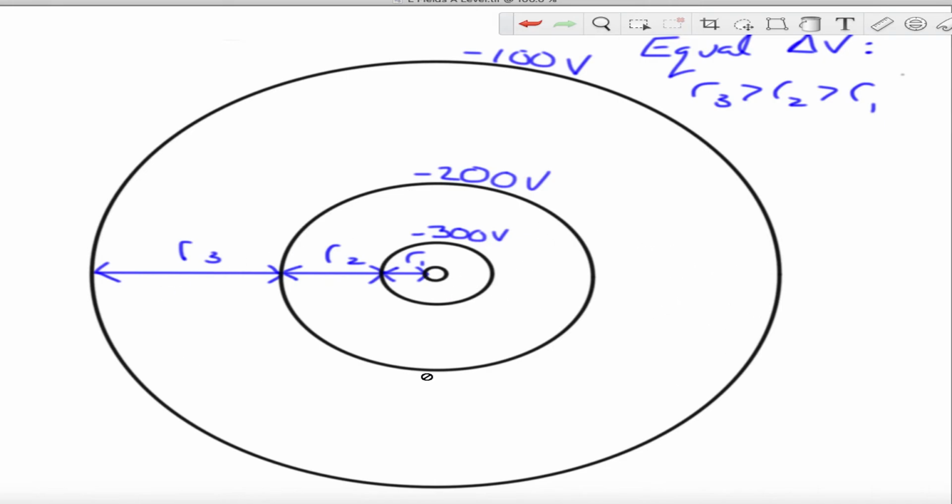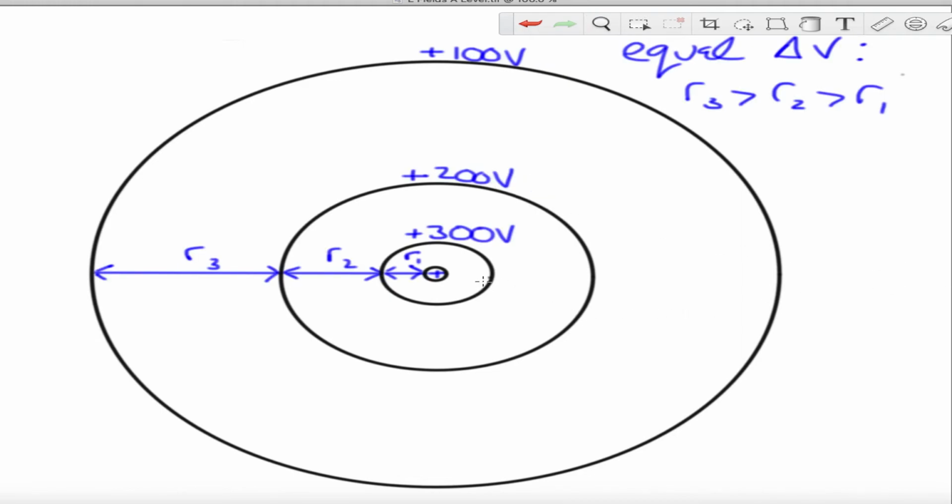So there you have how we define potential, very similar to how we did in gravitational fields. The equipotentials around positive and negative charges, very similar, but obviously you're always heading towards zero as you go out. So you're getting progressively less negative here, whereas in the previous one, you're getting progressively smaller magnitude.